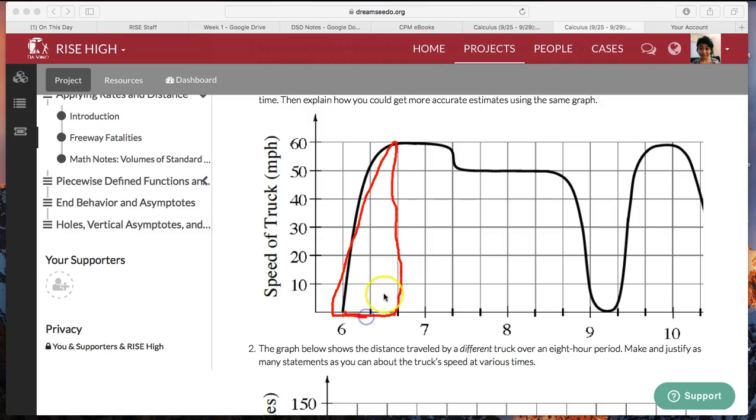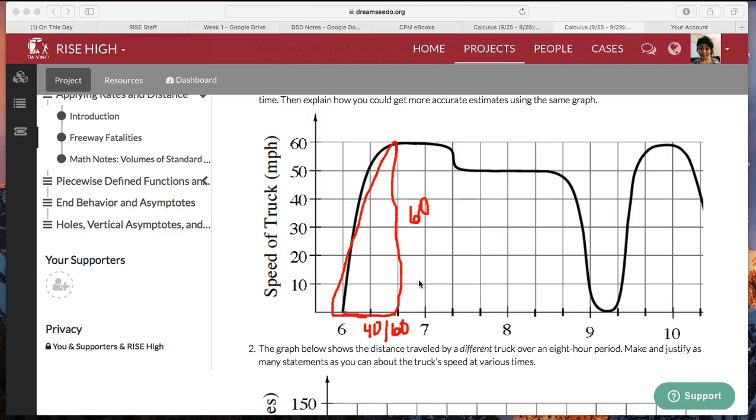So if we look at the area of this triangle, an area of a triangle is 1/2 base times height. The base of this is 40 minutes, or 40 out of 60th of an hour. And then the height is about 60.